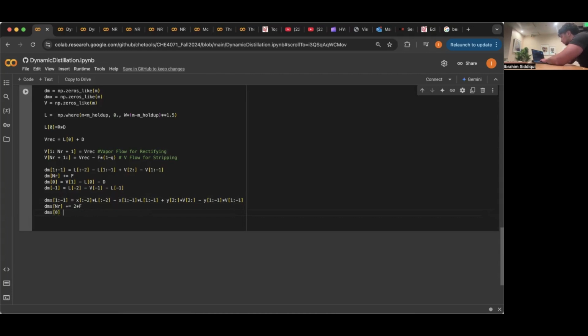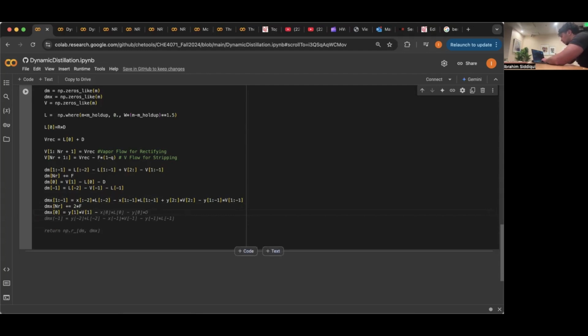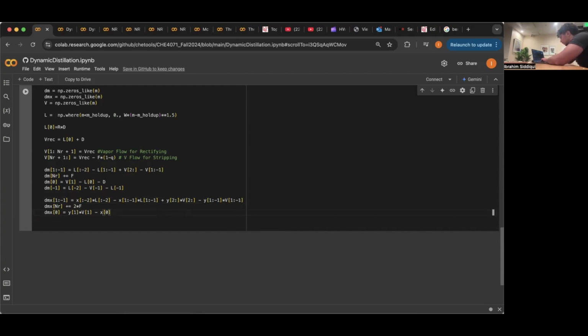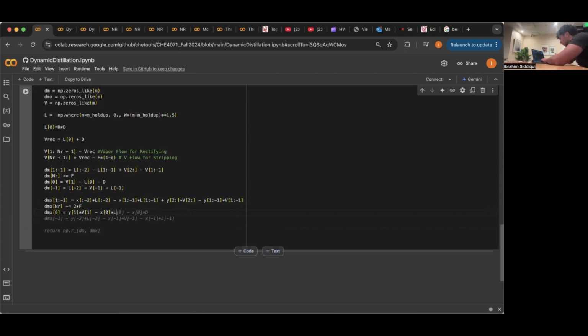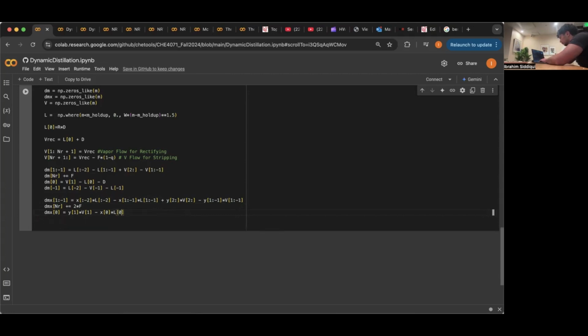So 0 will be equal to y, our vapor composition at our value of 1, multiplied by our vapor, again at our value of 1. And then this will be subtracted by x at our value of 0, and then multiplied by our liquid at our value of 0.